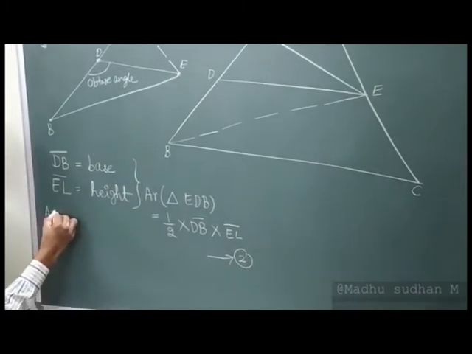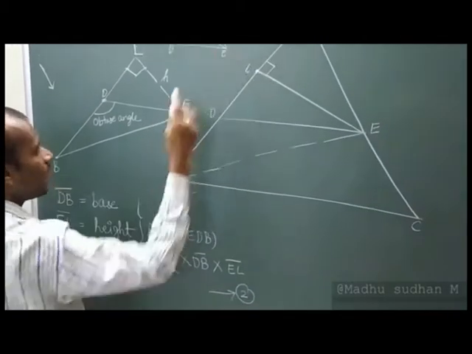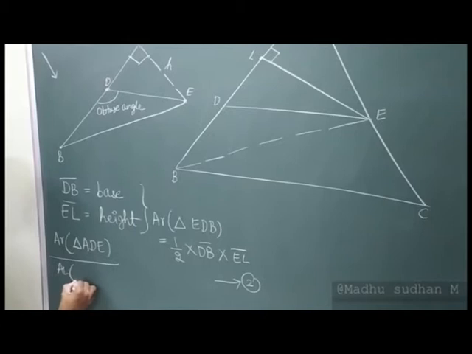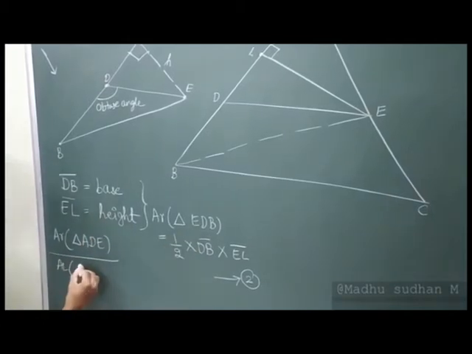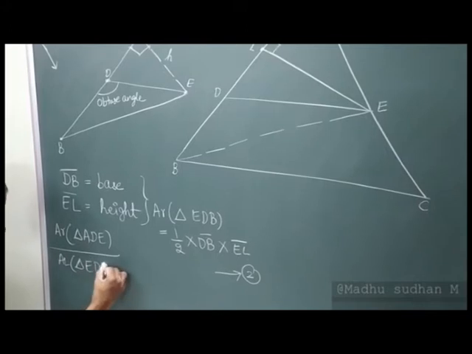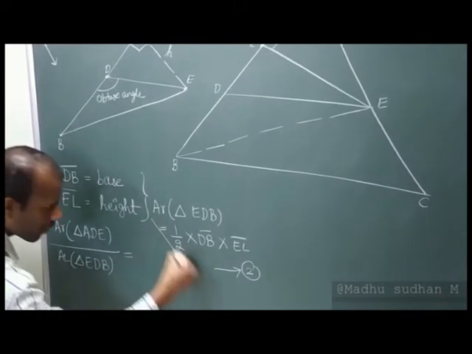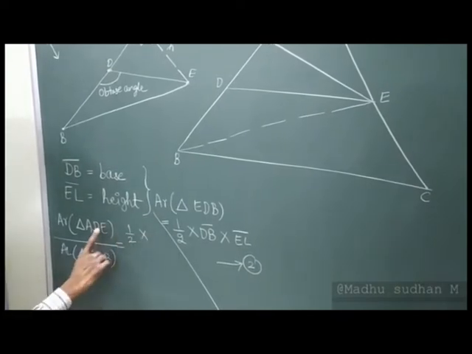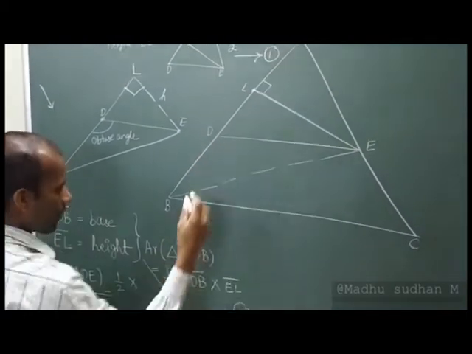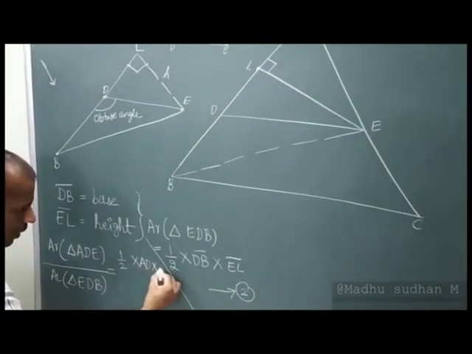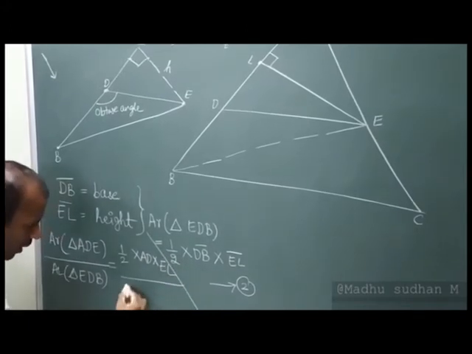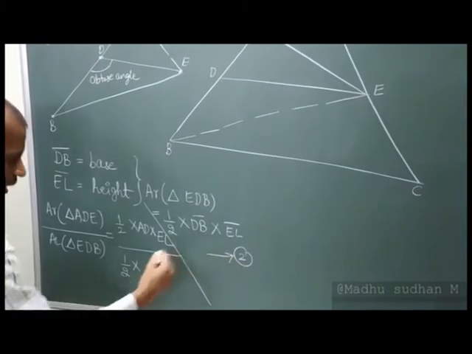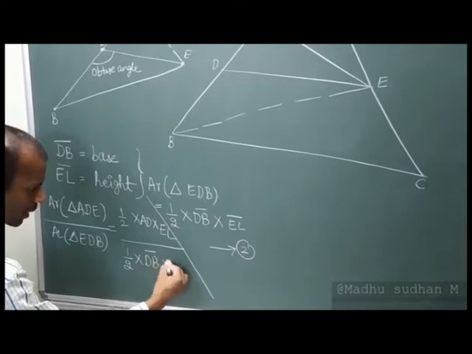So area of triangle ADE by area of triangle EDB will be equal to half AD into EL divided by half into DB multiplied with EL, right?